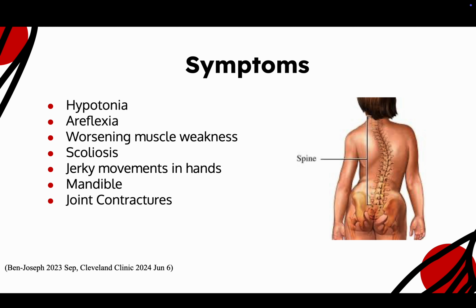Symptoms of type 2 include hypotonia, areflexia, worsening muscle weakness, which affects the legs more than the arms and the chest, which could lead to restrictive lung disease, scoliosis, jerky movements in the hand, mandible, which is the stiffening of a jaw joint due to bone fusion, and joint contractures.